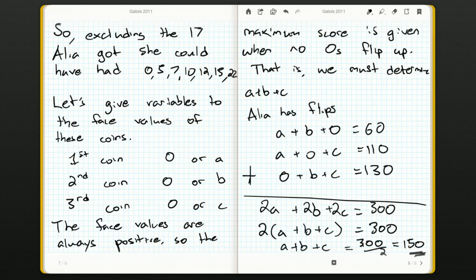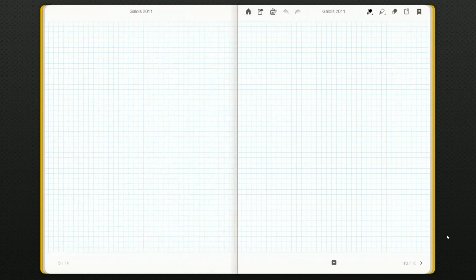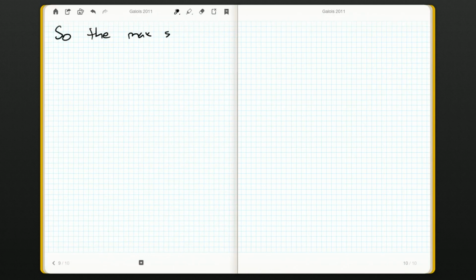So that's going to be my maximum score. And you'll notice we don't know what A, B, and C individually are. But we were able to get our answer of 150.